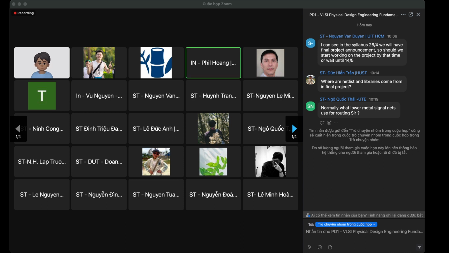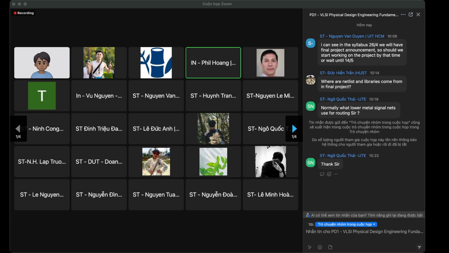One thing to add to that is usually the standard cells, right? They use metal 1, and some standard cells use both metal 1 and metal 2. So typically those layers, if they're used in the standard cells, you can turn them on, but they're not very useful.